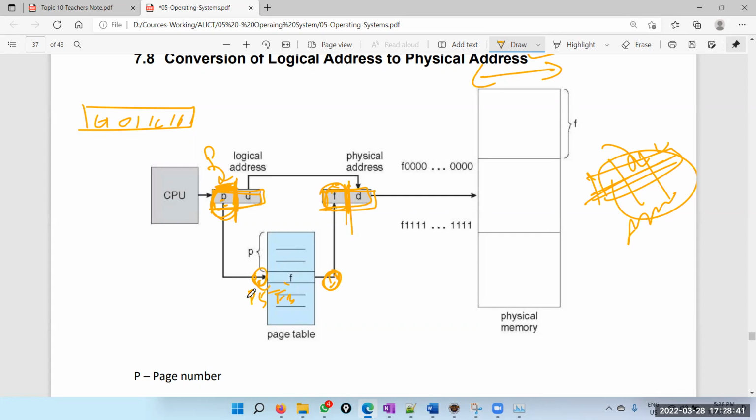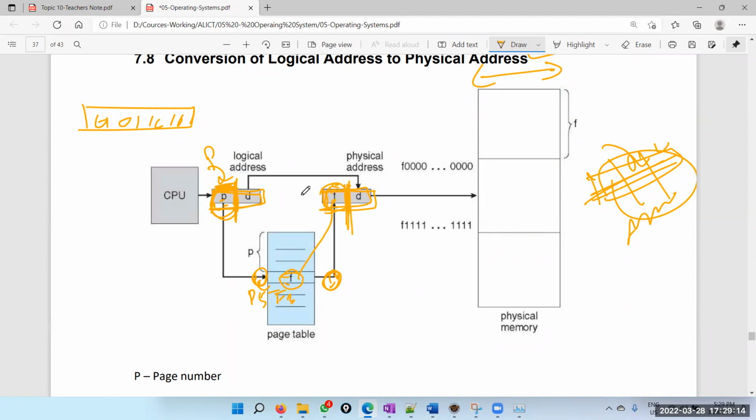If it says invalid, that's the end of the story, because it is not in the physical memory. Invalid means it is in the virtual memory. So you don't have to do a translation. You just have to say it is not there. Of course, there's another thing to do in that kind of situation, which I will be explaining later. But you can't do a translation because it is not there. But if it is valid, your page table will have the frame number that you have to take, in binary.